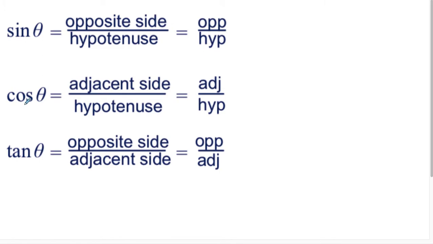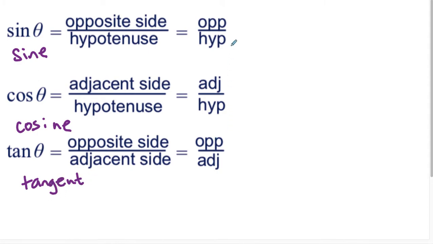Cosine is the adjacent side over the hypotenuse, and tangent is the opposite side over the adjacent side. So this is called sine, this is called cosine, and this is called tangent.